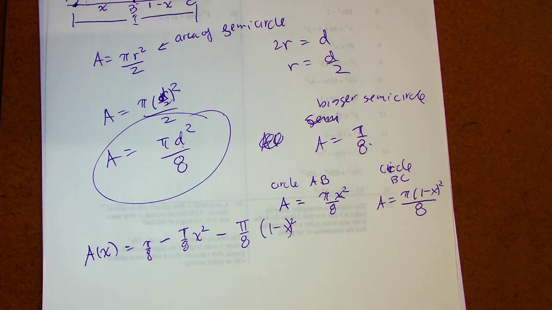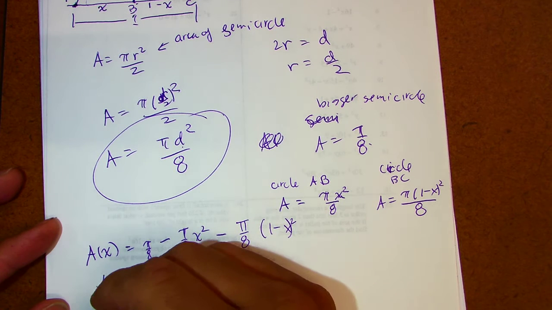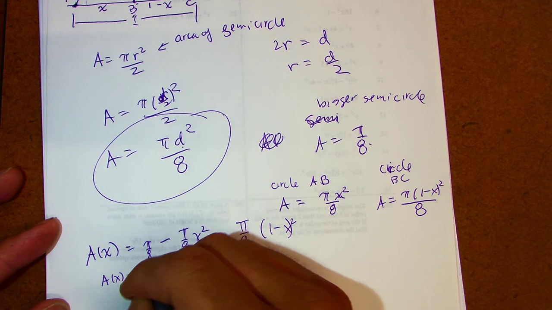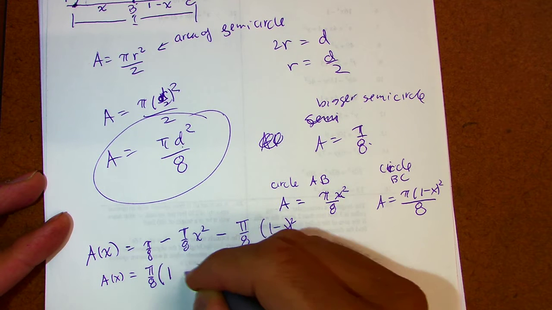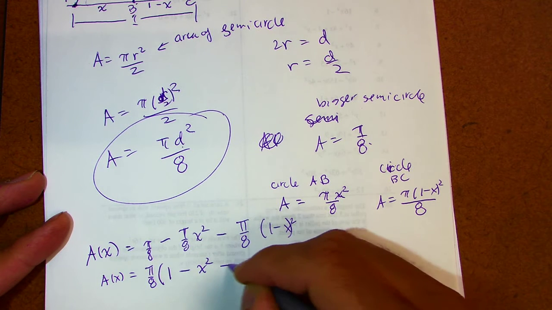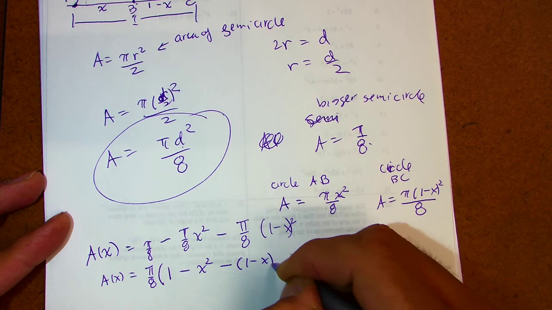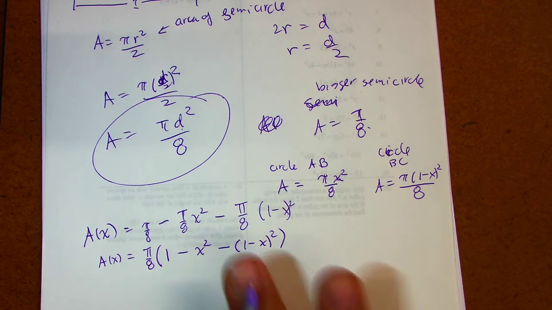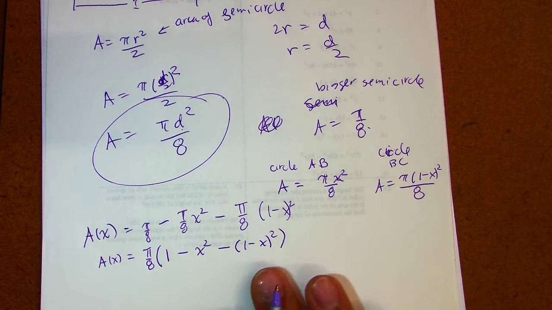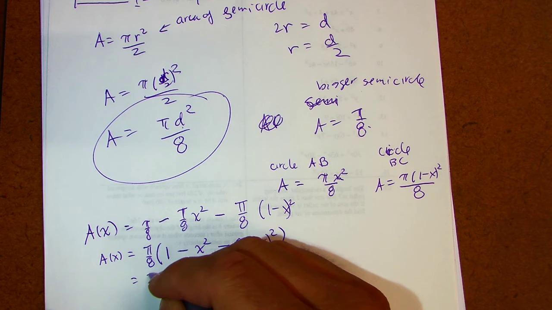All right, now we have our area function in terms of x, and let me do some simplifying here. I'm going to factor out the pi over 8. Then I can go further. Let me distribute this and combine like terms.